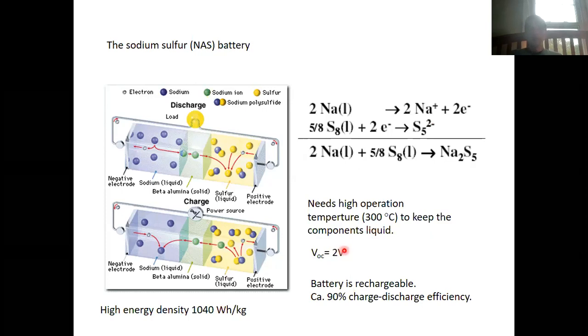Okay. The battery is also rechargeable with a high charge discharge efficiency, so that means that you can get 90% of the chemical energy which is in the battery converted into electrical energy upon charge and discharge, respectively.